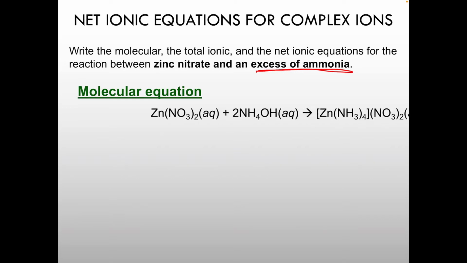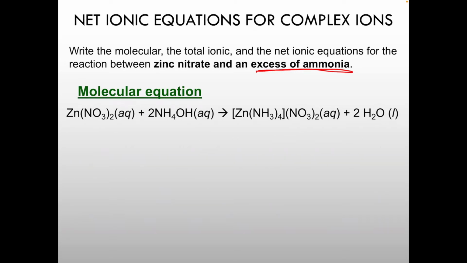So here's our molecular equation. The molecular equation looks the same on this side, but you'll notice this is different. If we look at one of those tables, we will see that there is this species, which is a complex ion that can form between zinc and ammonia, okay?